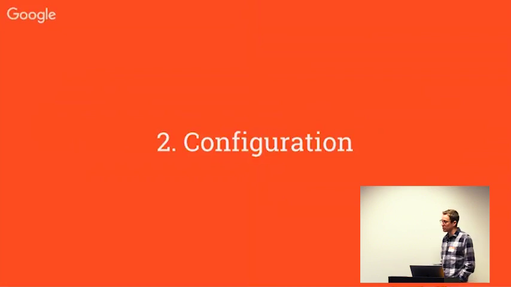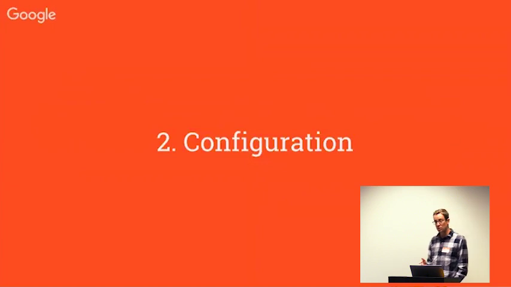Before I get into actually building a schematic, I thought this would be valuable because this is one of the things I learned preparing for this talk: configuring schematics. You may be aware that in Angular 6, we got this new angular.json file. And you might have looked through it and thought, wow, this is all kind of crazy, I don't really know what's going on here.